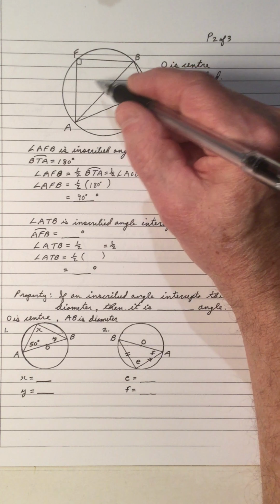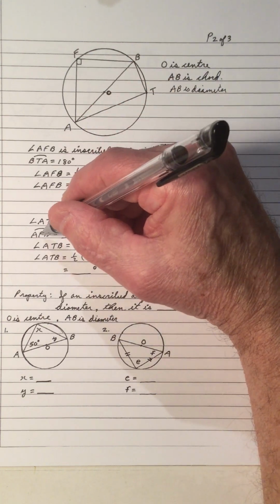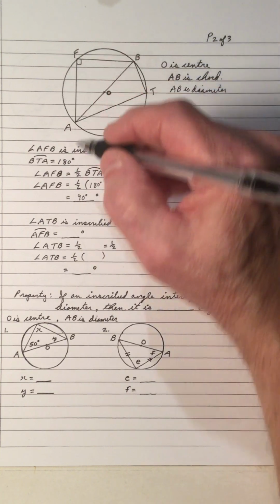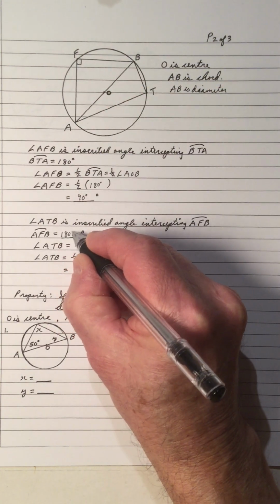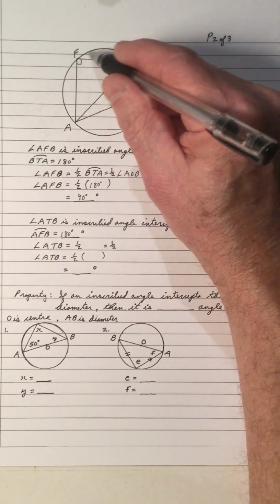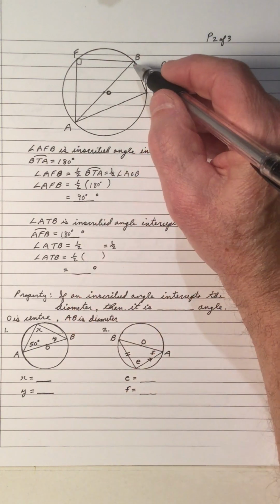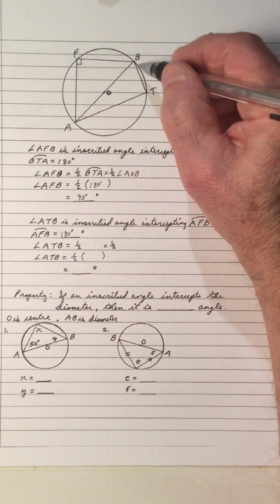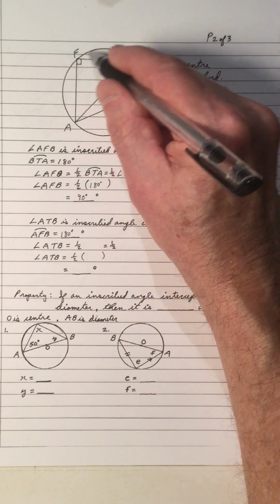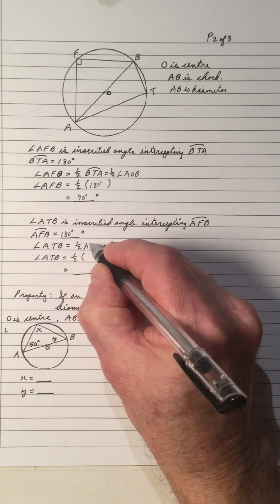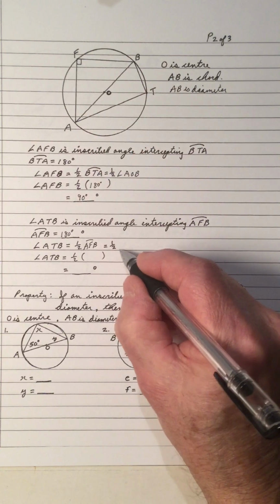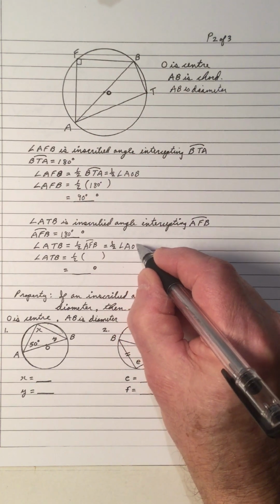And the arc AFB is 180 degrees because it's a semicircle. So this arc being a half of the semicircle, so the angle ATB is a half of the arc AFB, or it's a half of the central angle AOB.